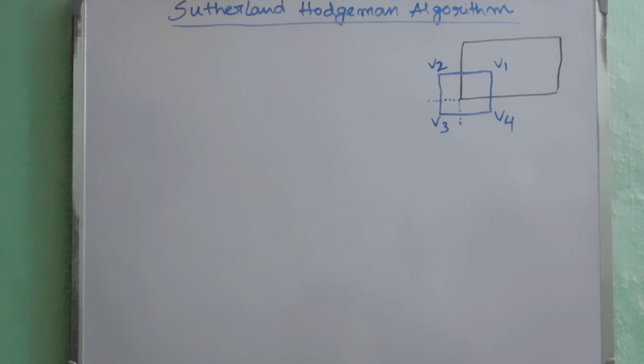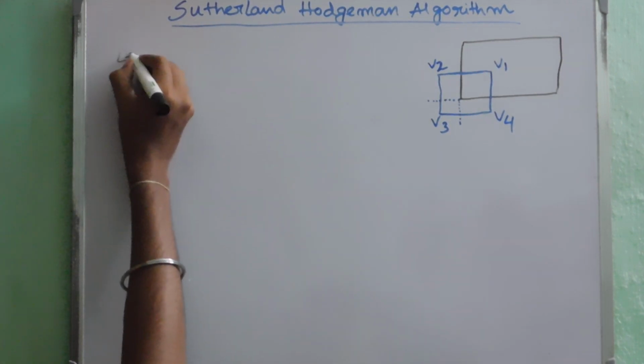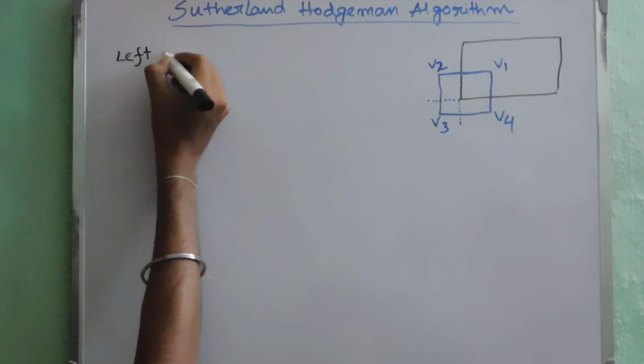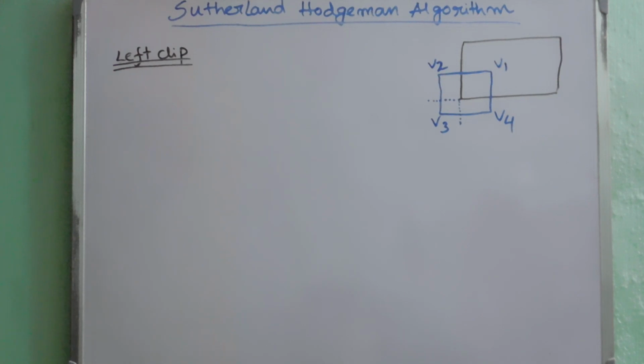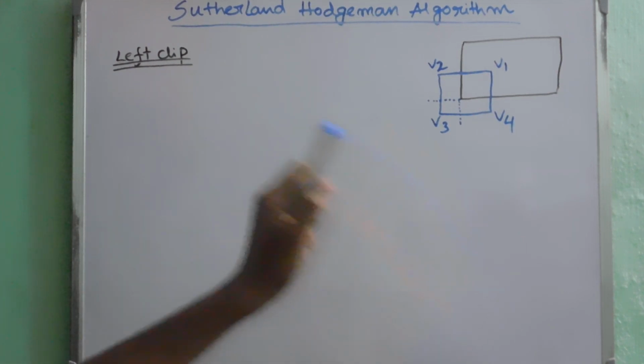Now what we will do, as I mentioned at the start of the video, is 4 clippings, the first one being the left clip. For each clipping, there is left, right, top and bottom, and we need to write all the edges separately.